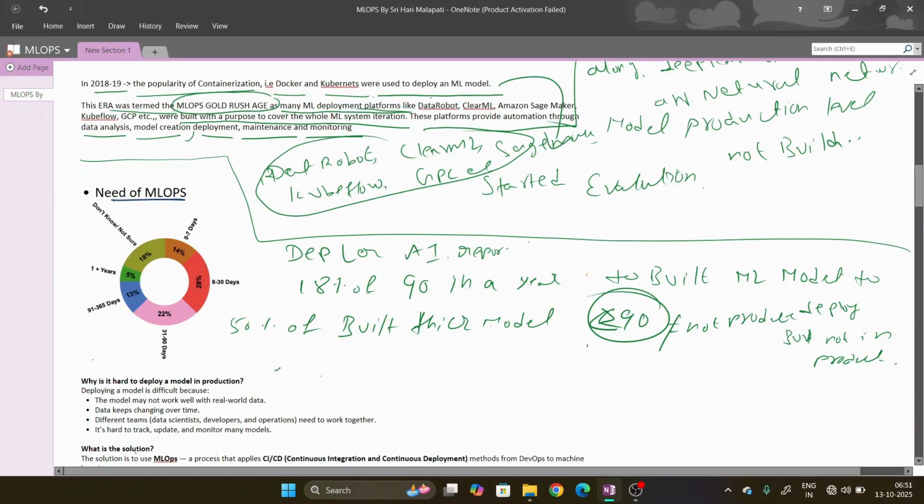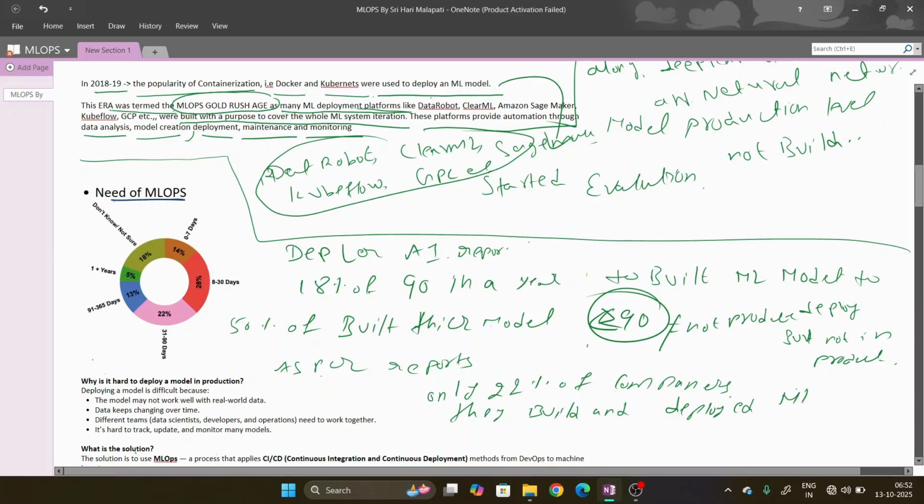As per reports, only 22% of companies build and deploy ML solutions at production level.